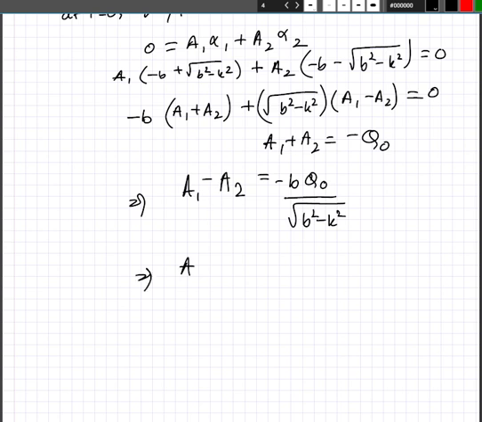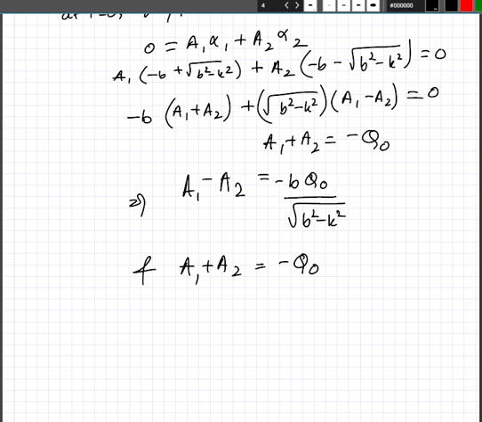That implies a1 plus a2, and we know a1 plus a2 is equal to minus q naught. From this step again we have to move further, a couple of more steps to follow.